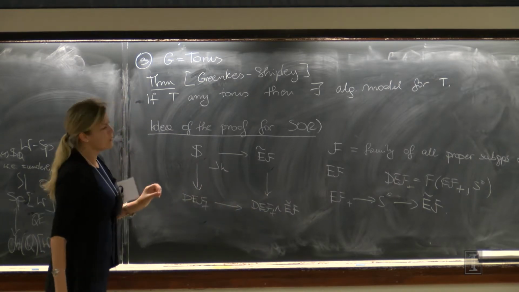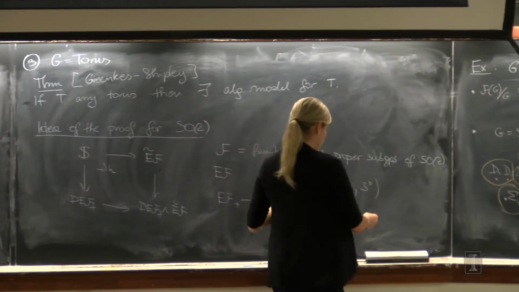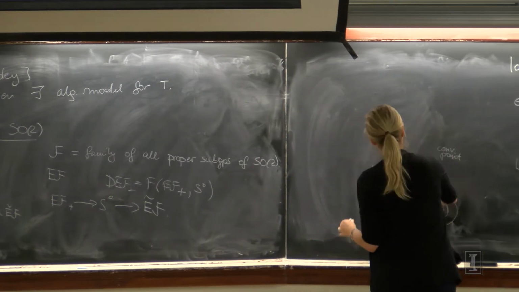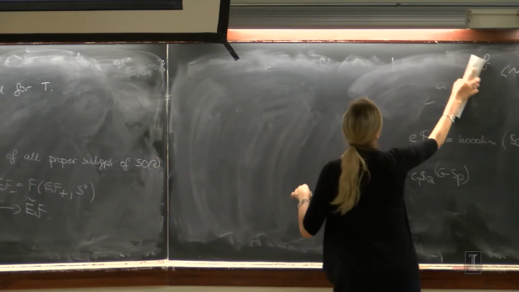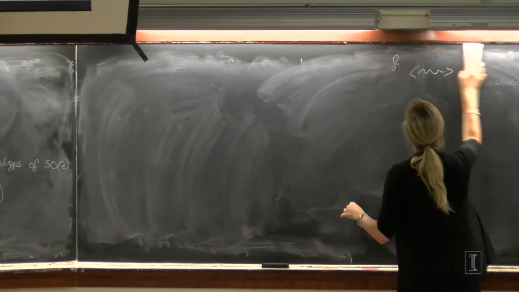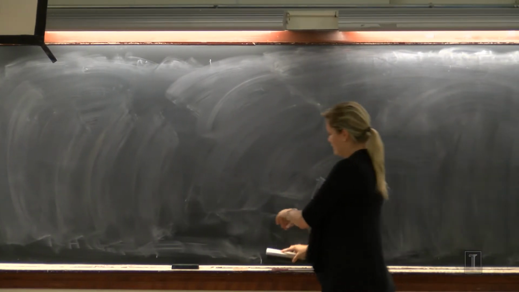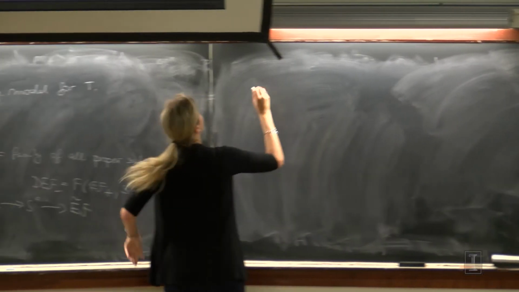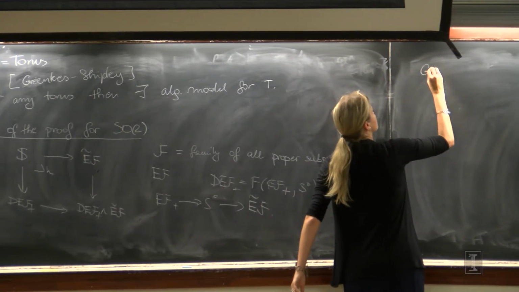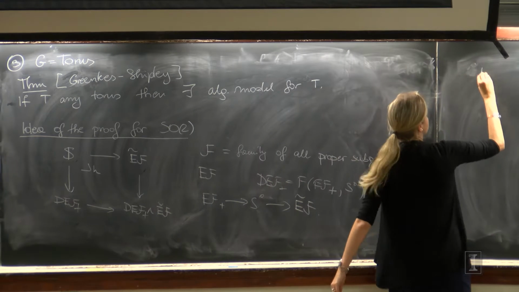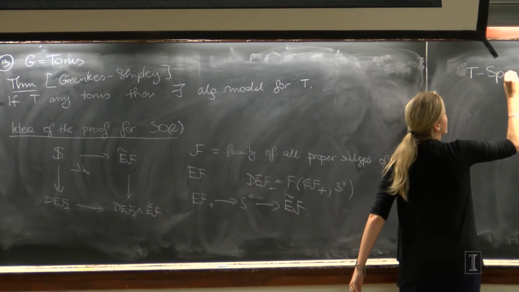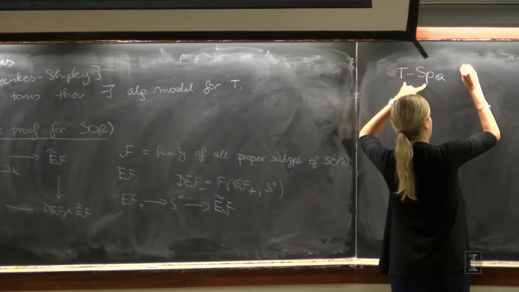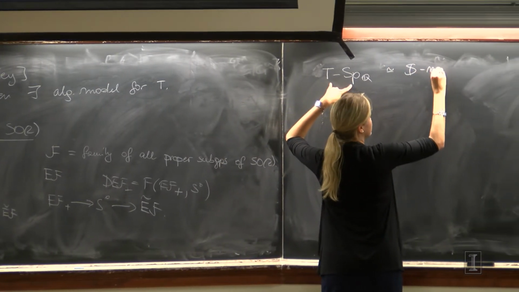So if I want to understand the category of G-spectra, where G is a torus, the category, I was using the notation T-spectra, is really the category of S modules in some category.